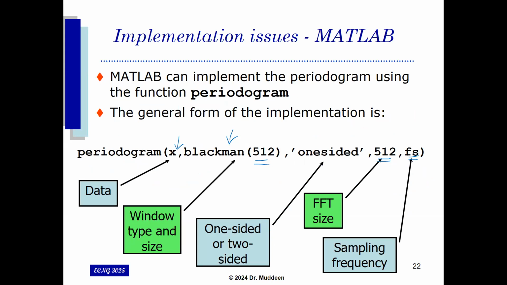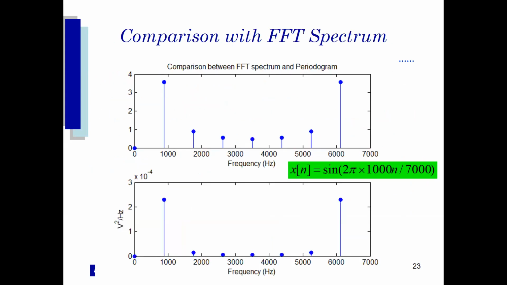So it's a simple command to do it, and just to show you how effective that is, remember from last time we were looking at this thing. If I did a 1 kilohertz signal where I'm sampling it at 7 kilohertz, an 8-point FFT gives me a result looking like this.